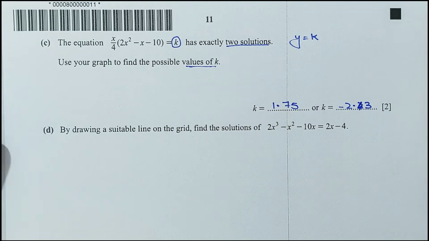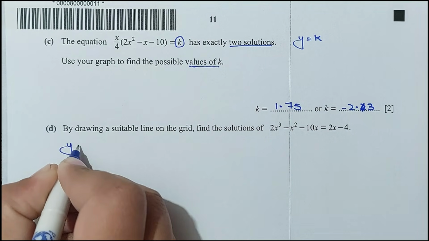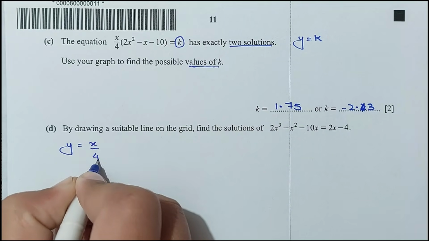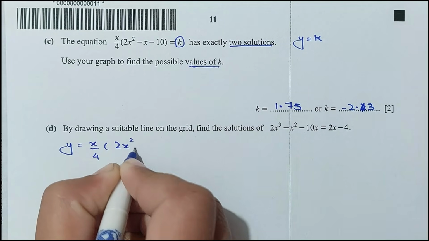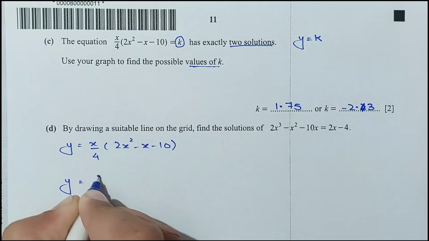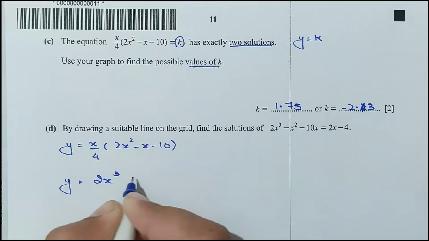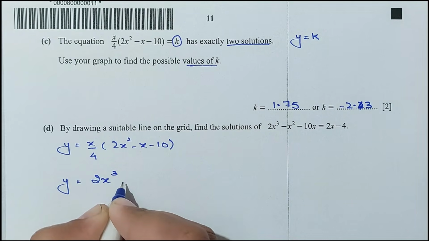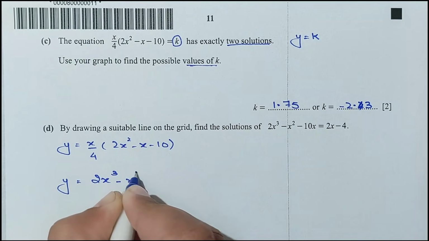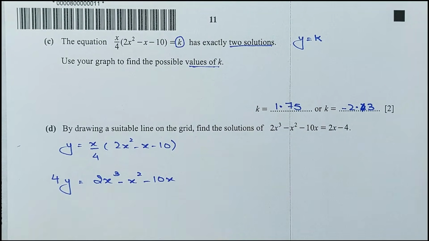Okay, now for part D, by drawing a suitable line on the grid, find the solution of this equation. We have the equation y equals x by 4 into 2x square minus x minus 10. Let me simplify. y equals 2x cube minus x square minus 10x, and this 4 is cross multiplied with the y over here.